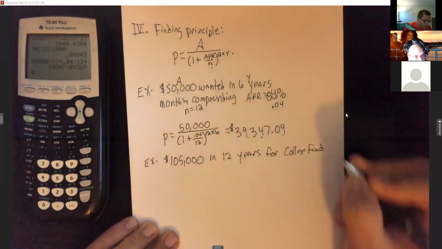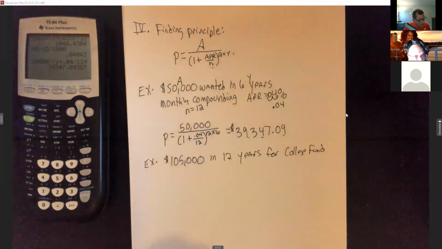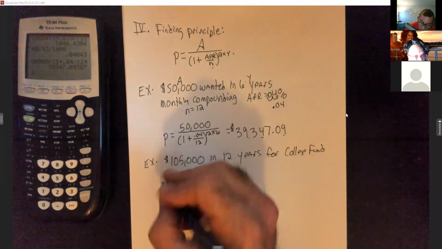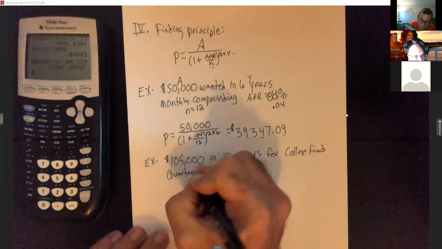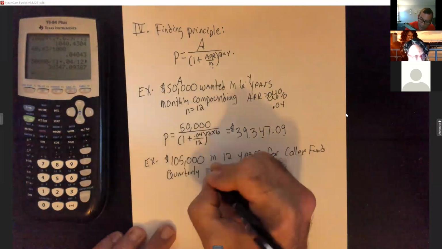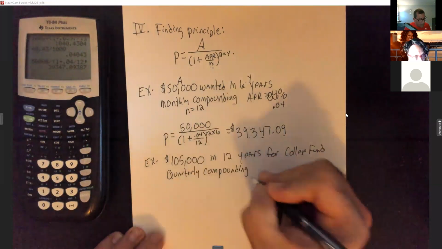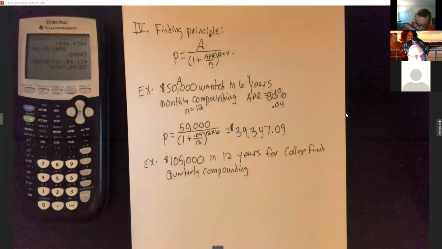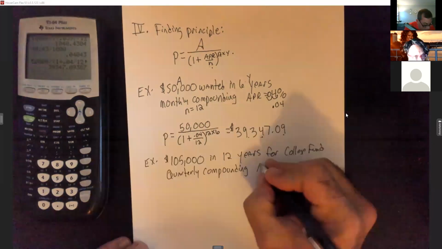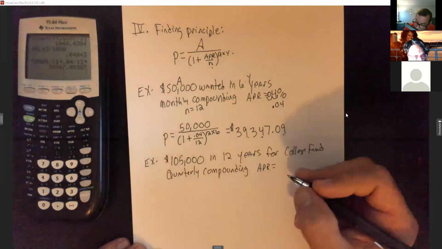Now this bank has quarterly compounding, so quarterly compounding and an APR equal to 7.66%.